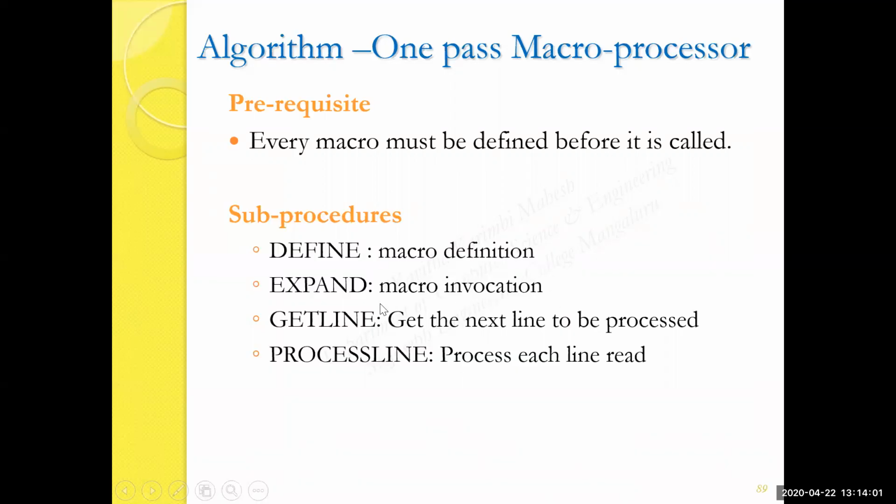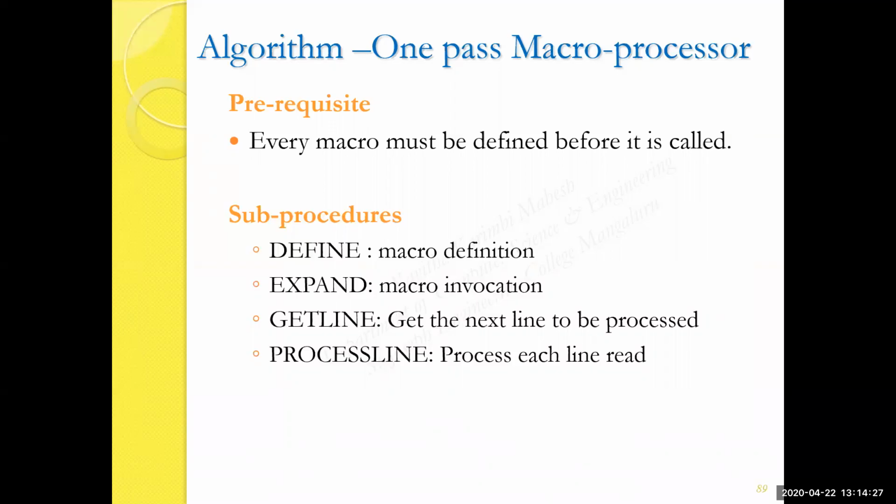The function of the getLine procedure is to get the next line that is to be processed. Next line that is to be processed can come either from the input file or from the definition table. So there are 2 sources, which is actually controlled using a variable, namely expanding. If expanding is true, line would be read from the definition table, otherwise lines would be read from the input file.